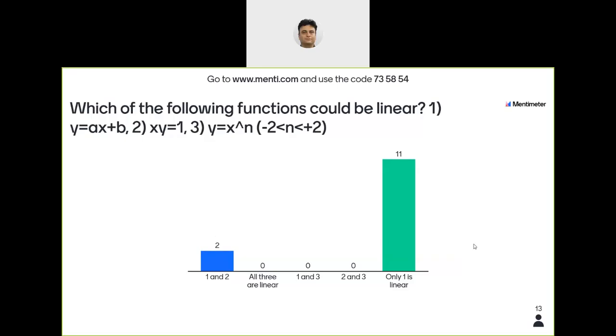Only one. Two. 1 and 3. All three are linear. 2 and 3. 1 and 3. Okay, come on, guys.